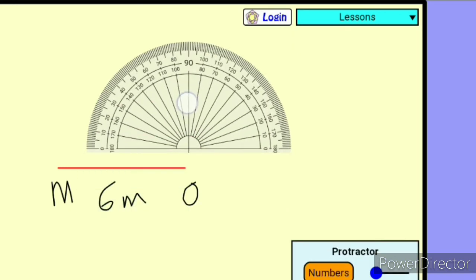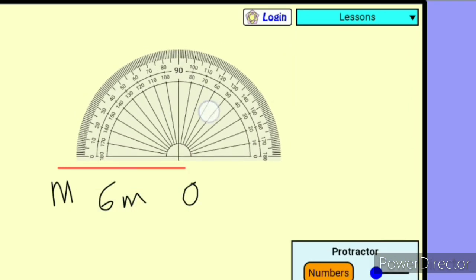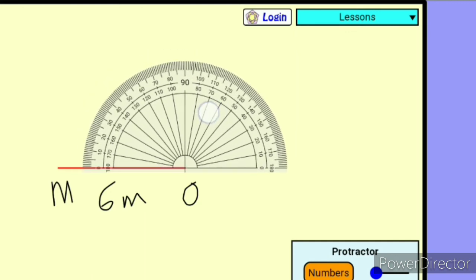Next step, at O using the protractor, construct 105 degree. See here, 0 is on the line at left hand side, isn't it? That is the upper scale unit. So we should take the upper scale unit, 0 to 105 degree. 105 degree is between 100 and 110.